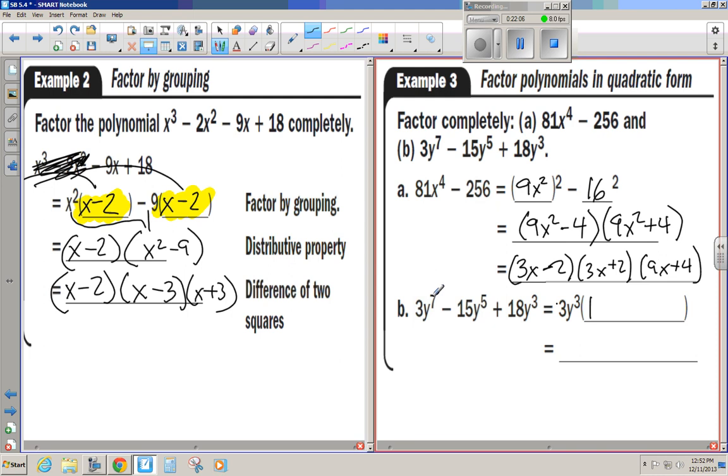When you do 7 minus 3, it becomes y to the fourth. 15 divided by 3 becomes a negative 5. Minus 3 from the 5, you get y squared. Same thing here, divide by 3, and you get the 6.